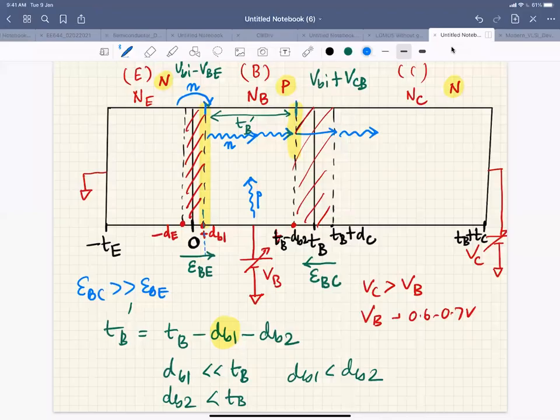Similarly, since you are forward biasing this junction, the holes are injected from the base to the emitter, right? And these holes will diffuse.